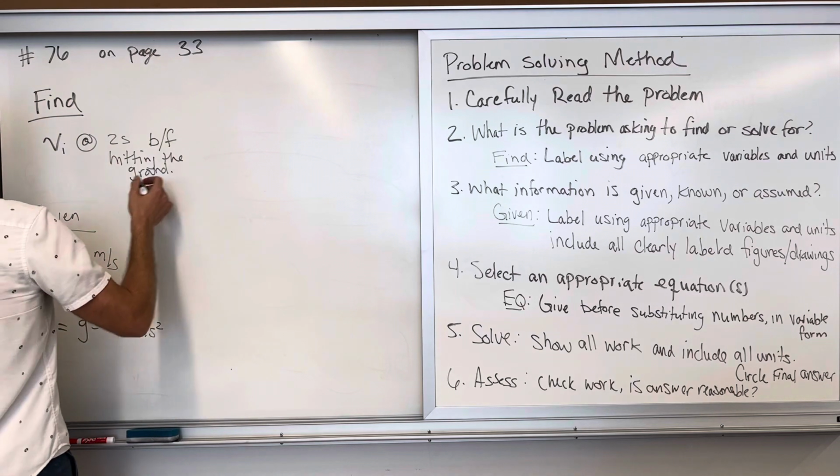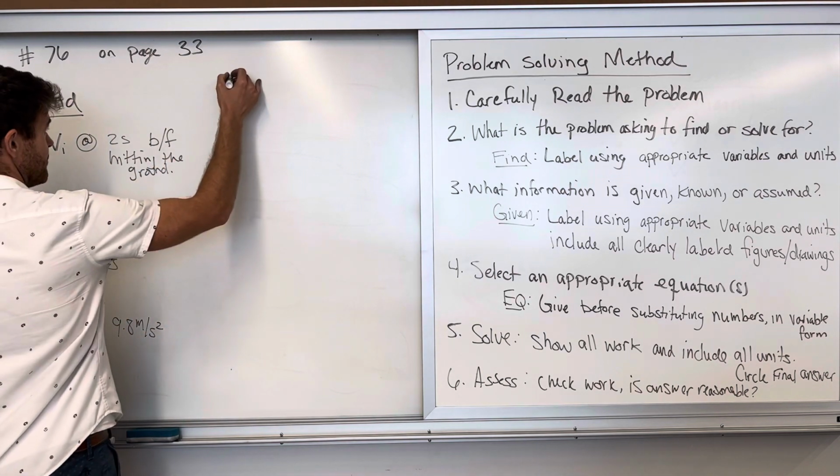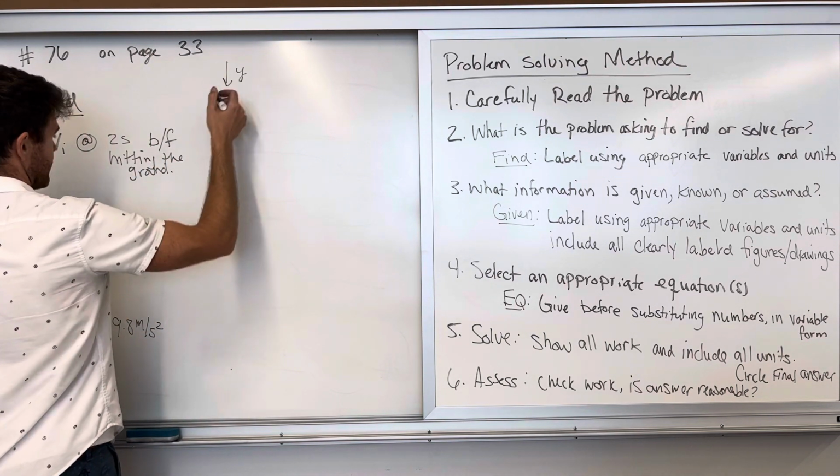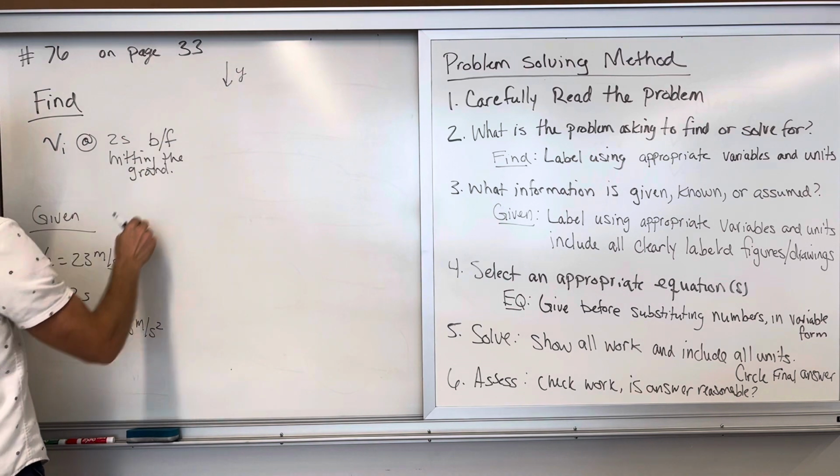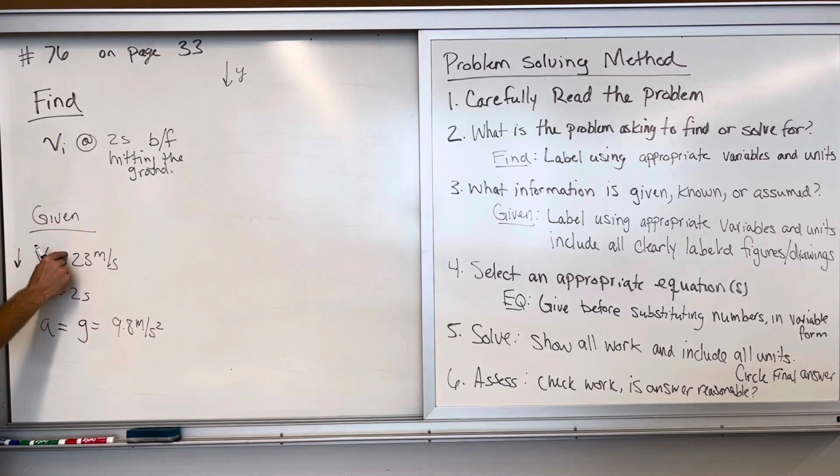So downward is the positive y direction. That means this is positive because it's downward, and acceleration due to gravity is downward, so this is positive. If I would have made up to be positive, this would have had to be negative, and this would have had to be negative.